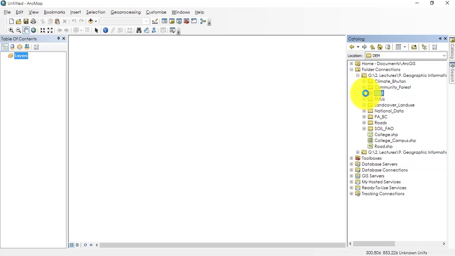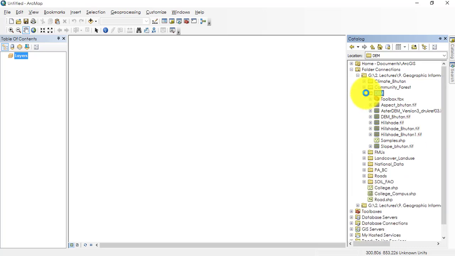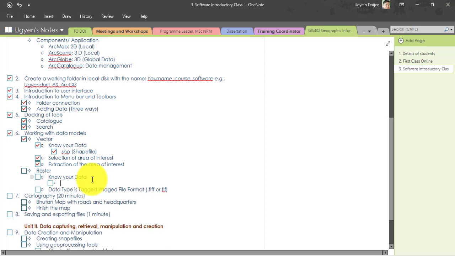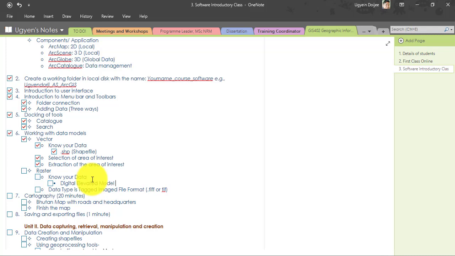If I just open my DEM data, meanwhile it opens, DEM is an abbreviation for digital elevation model.